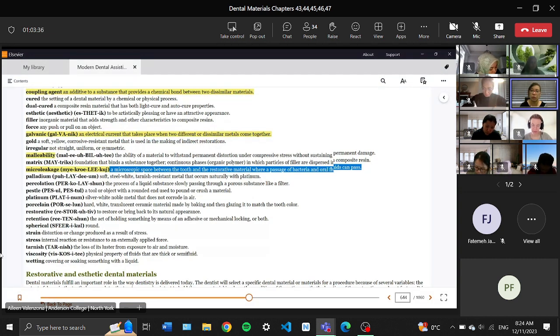So recurrent caries means there is a space between the restorative material. That's why there can be a passage of bacteria into the fluid. Or sometimes the dentist might do a perfect restoration, sealed everything, no microleakage, but eventually there will be some microleakage because of the patient biting too hard, chewing gum.